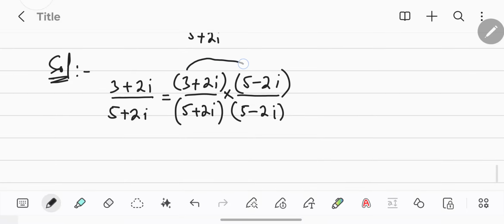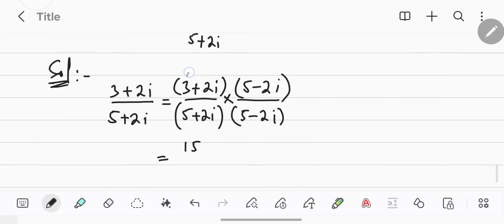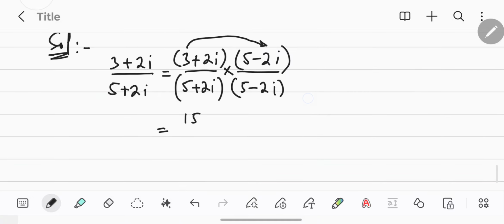How can I multiply? First I will multiply 3 with 5. 3 times 5 is 15. Then I multiply 3 times negative 2 iota. So negative 6 iota, okay? Then I multiply 2 iota with 5. It is 10 iota. Then I multiply 2 iota with negative 2 iota. It becomes negative 4 iota square.